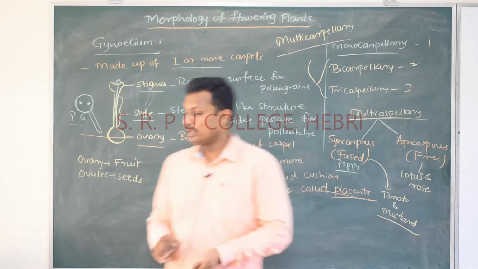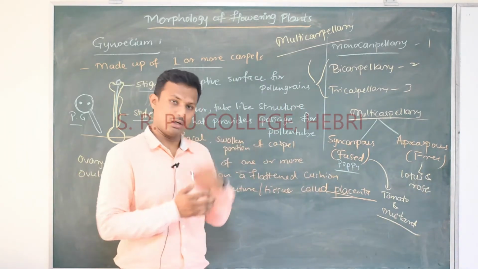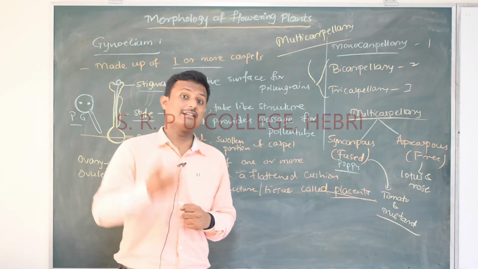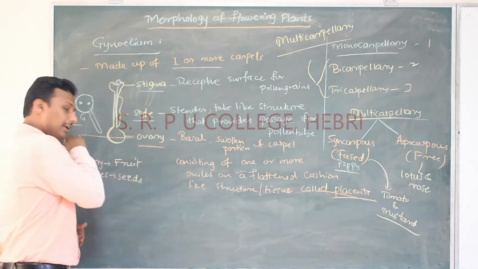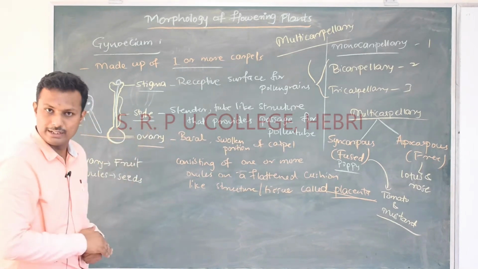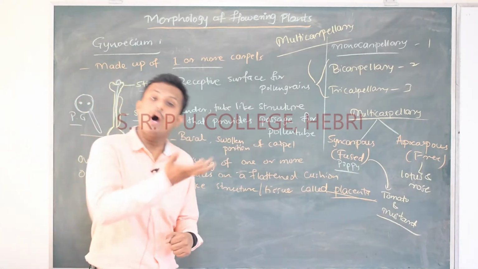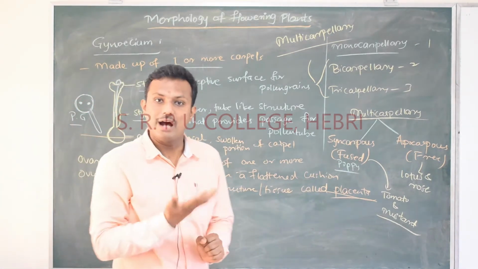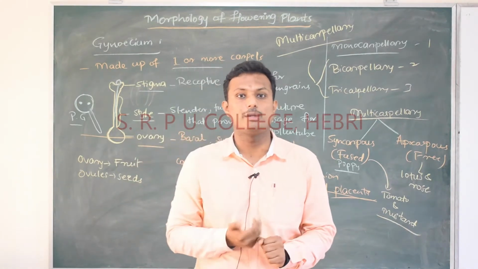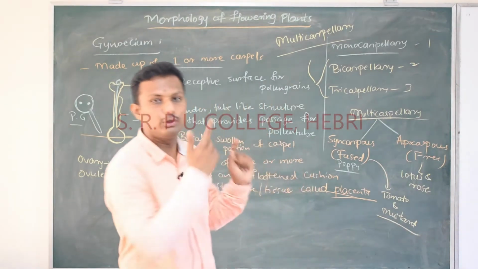Now let's move on to the next concept about the gynoecium, that is placentation. If you take the cross section of the ovary, in what pattern are the ovules arranged on the cushion-like tissue called placenta? That is what we need to look at now.